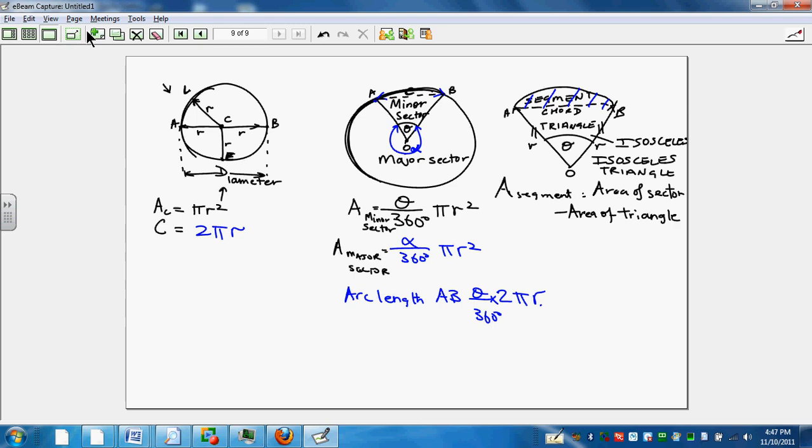Okay? And we know how to find the area of the sector, and we know how to find the area of any triangle. So therefore we could find the area of a segment.